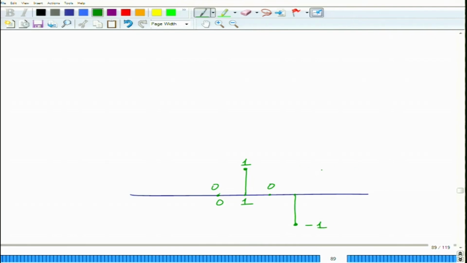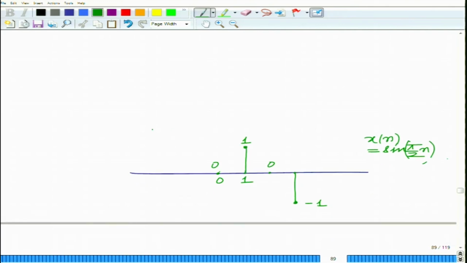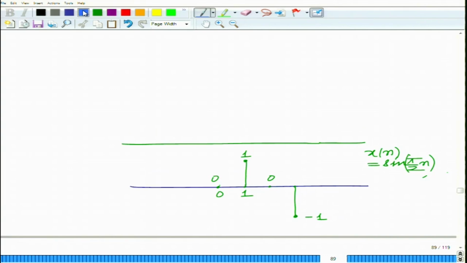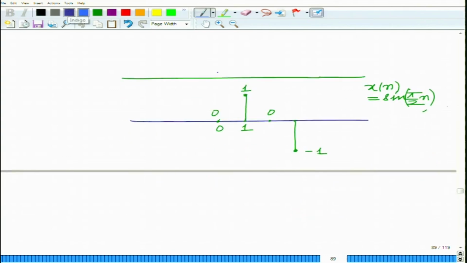So, this is x of n, which is equal to sin of pi by 2 into n, and h of n, remember, now let us plot h of n, and this is an interesting thing. So, h of 0 is 1.